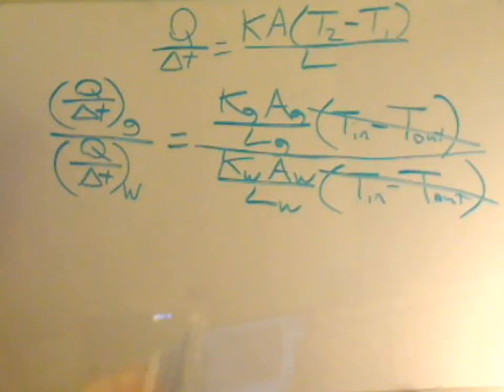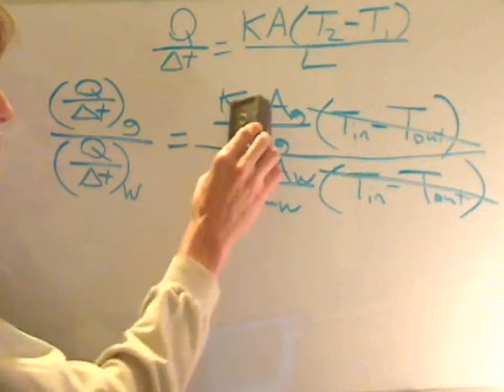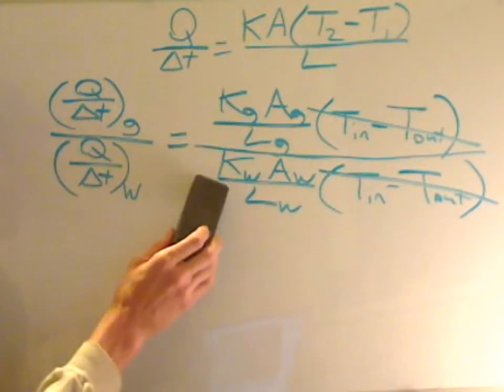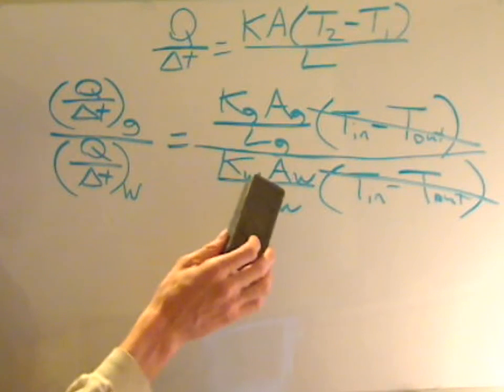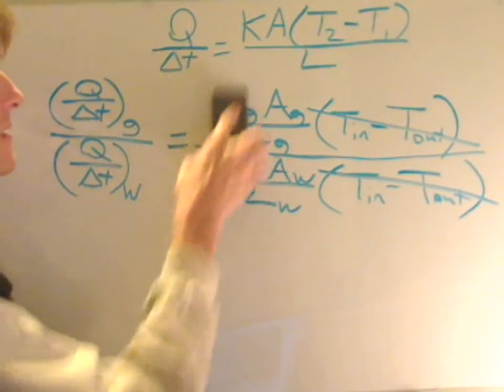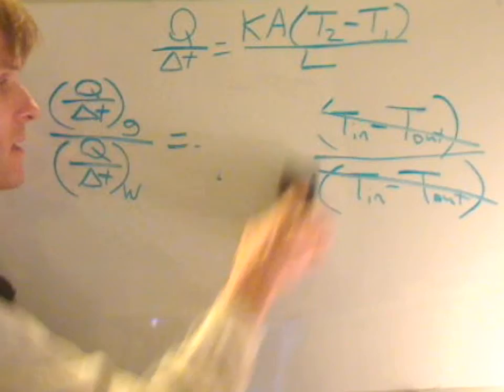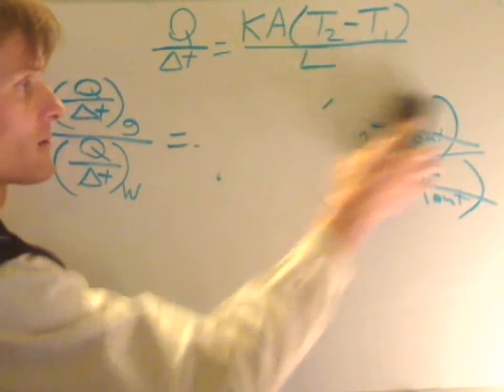Okay, so we have these three quantities for each of the glass and the wall that come into play here. And I'm going to go ahead and rewrite this slightly. So let me go ahead and erase that here. And so what we'll have is the ratio of the K's, the ratio of the areas, and the ratio of the thicknesses. Now the temperatures, remember, cancel out.